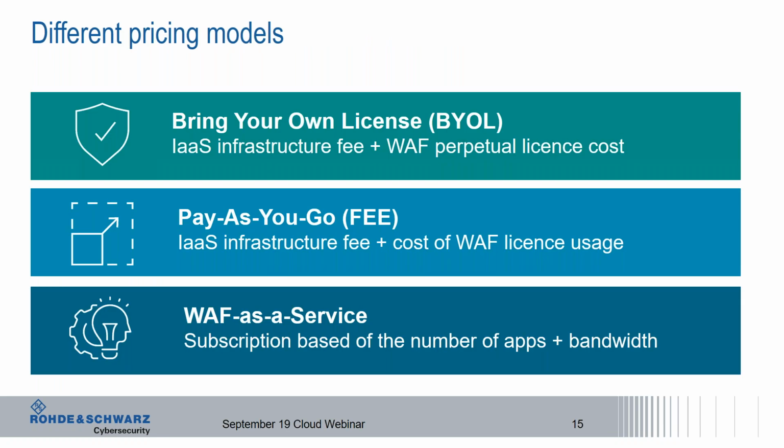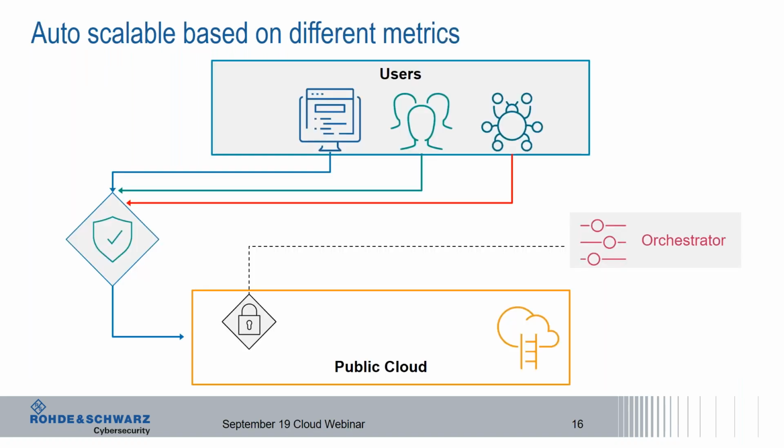And like I put in the previous slide, what you could do, for example, is use bring your own license for the first WAF machine or the first 2 or 3 WAF machines that will handle the traffic 90% of the time, and use pay-as-you-go and auto scaling groups in order to scale on the additional WAFs.